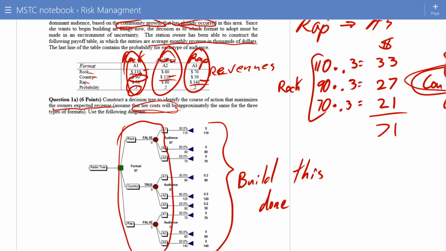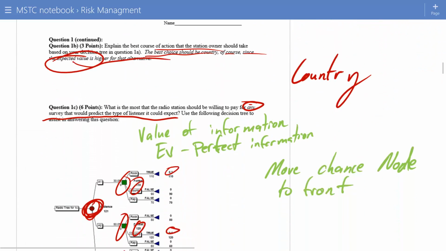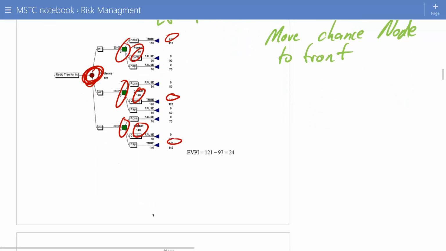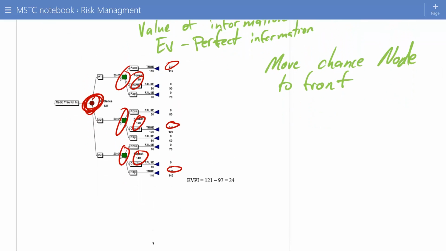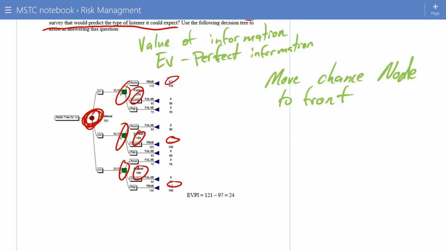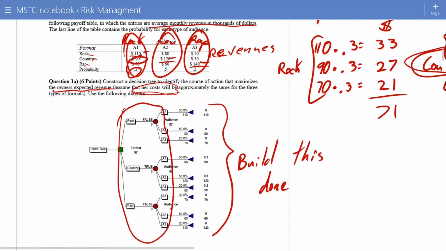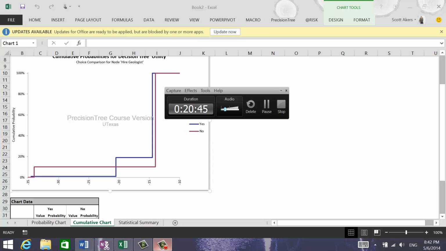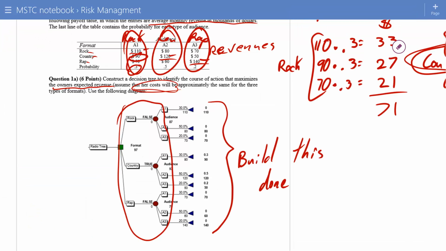I remember him saying that in class. That's what he said, and when I saw this, he gives you the answer right here. So you take 121 minus 97. 121 is the overall expected value, the value after you switch the chance node to the front.